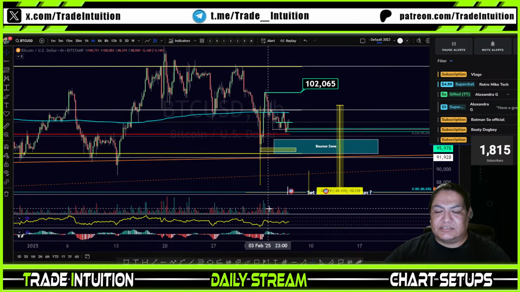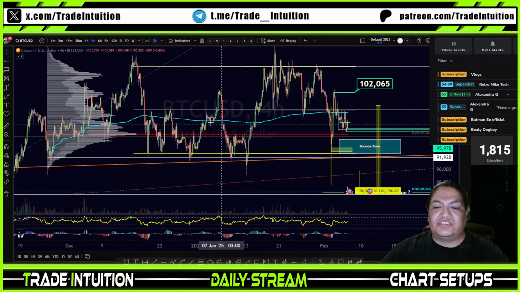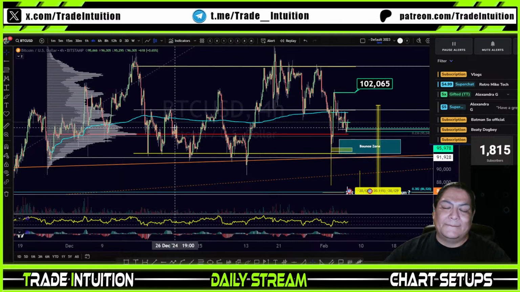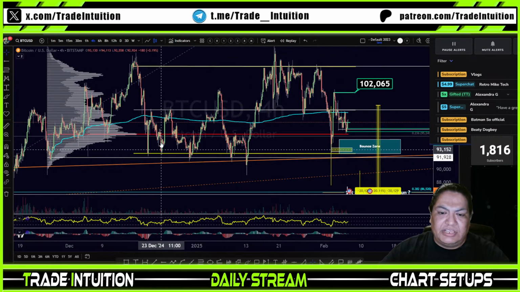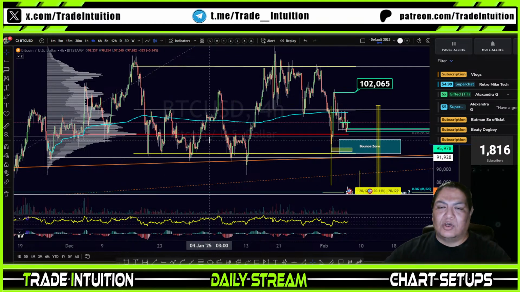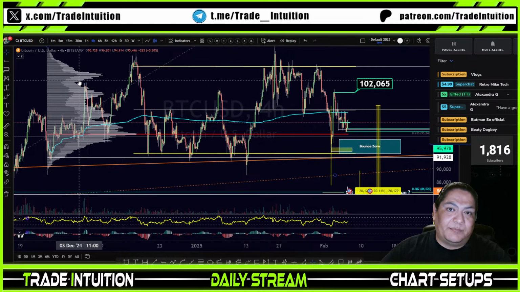I don't look at this. To me, this is more important: where was the concentration of more volume based off of this chart? Where all these candle body closes are, where was the most price action, the most buys and sells? We can see that with these peaks.